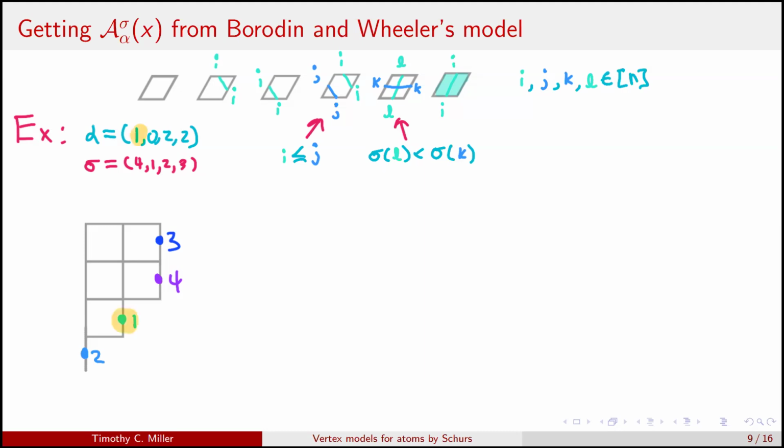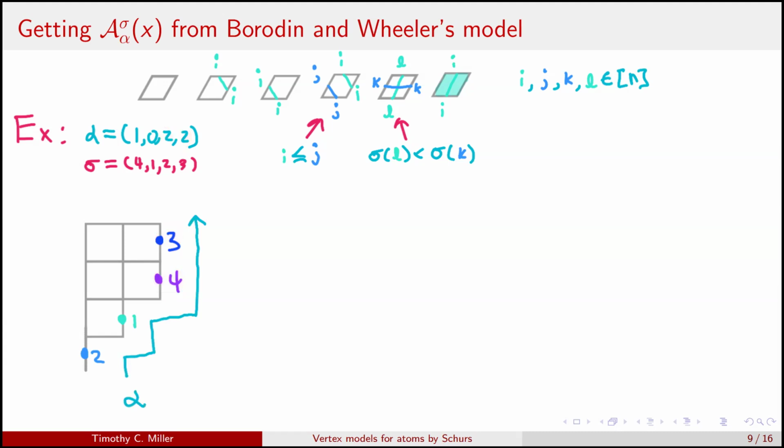So the first part has size 1, and so we label that 1. Now the second part has size 0, so the 2 goes at the bottom. And then the last two parts both have size 2, and so we put 3 and 4 on these rows, but there are multiple ways you can order them. So you always order them so that they're increasing when you go from top to bottom.